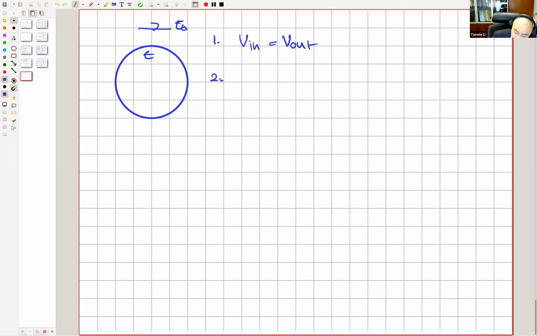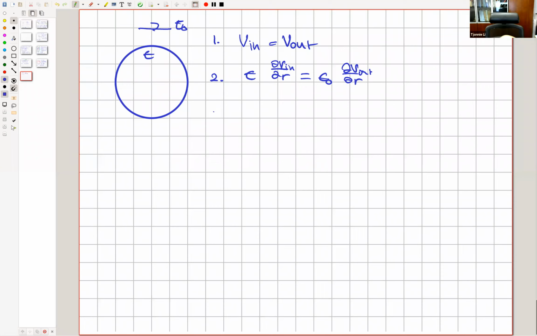The second thing is that the D field has a discontinuity depending on the free surface charge, but there is none. Still, the displacement field dictates that epsilon partial V partial r, because the surface is normal to r, is epsilon out divided by d by dr.